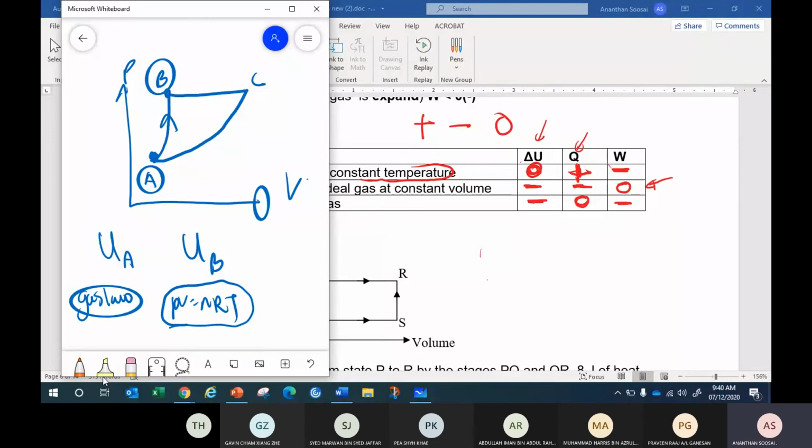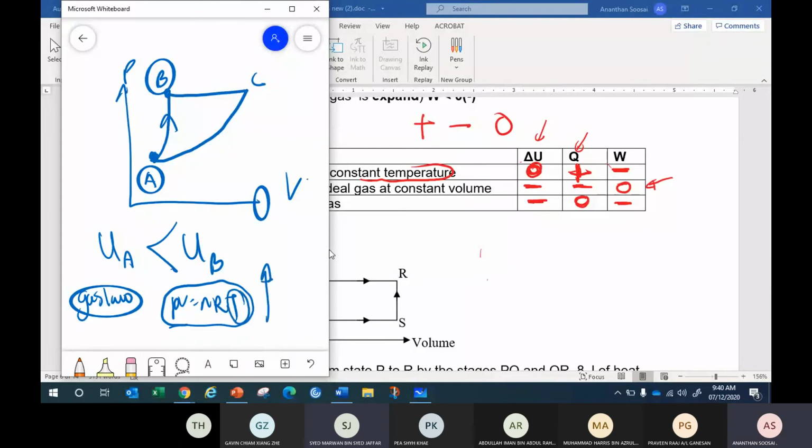B. Good. B is higher than A. Why? Temperature increases. How do you know?